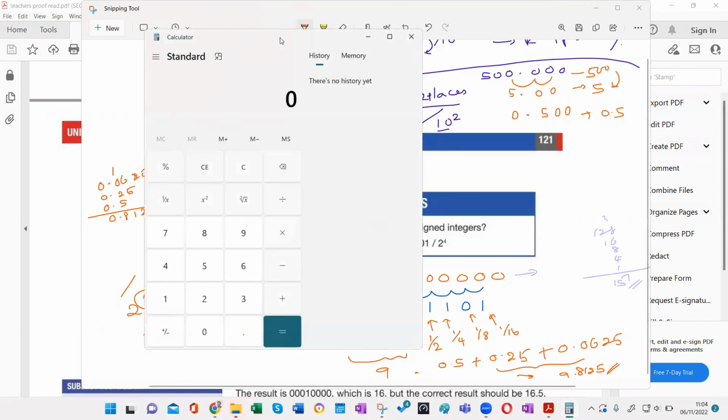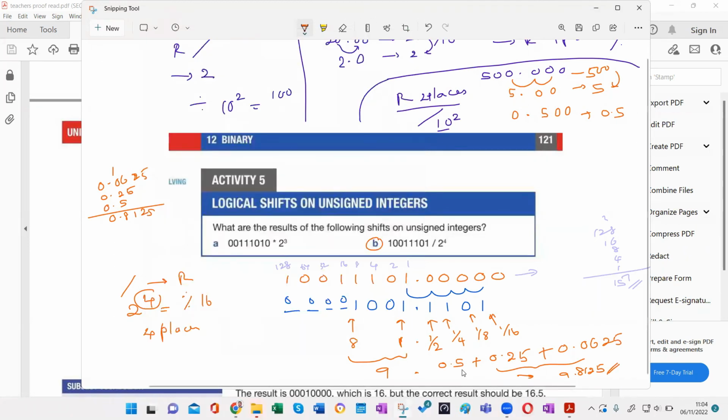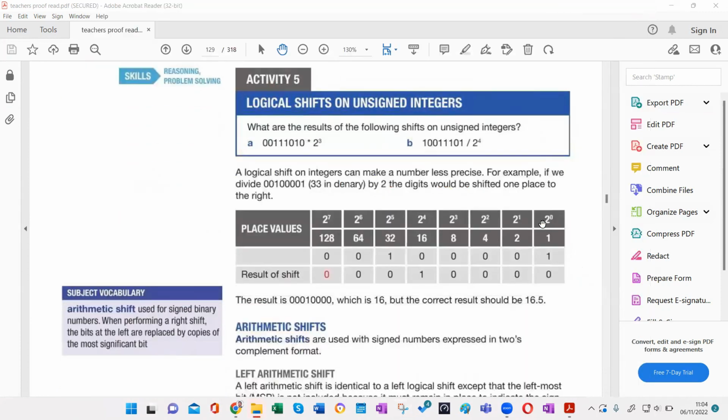Otherwise, just the fractions is enough. 0.5, 0.25, 0.125, 0.0625. Otherwise, just put the fractions and show your working. That's enough. Right, so I'm not going to do the arithmetic shifts today.